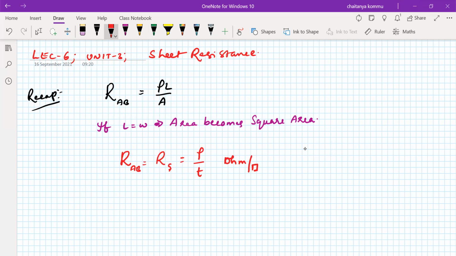Okay. And once again, we have already seen what the sheet resistance is for each and every material at different technologies. So what are the values that we have seen? Let me recall the things again, because it is important for calculations, so I want to copy those things again.